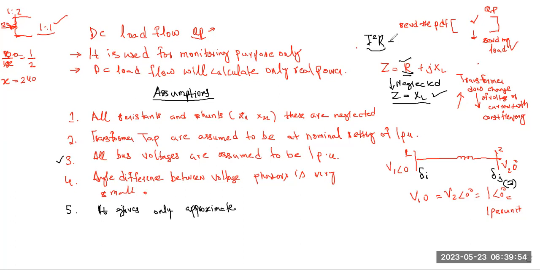And I told you I square R is called loss, but there is no loss when you are calculating I X L. Why? Because the power factor in the I X L case would be V I cos 90 degree, which would be equal to 0. Okay. So it gives only approximate value of real power. So these 5 points are the valid points here. By the time, let me save this PDF.